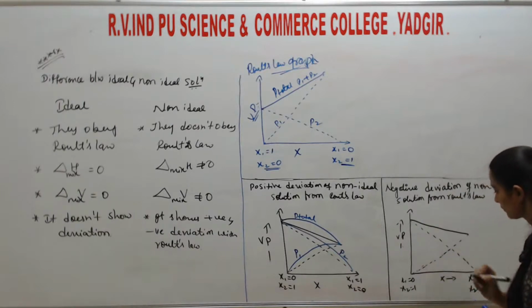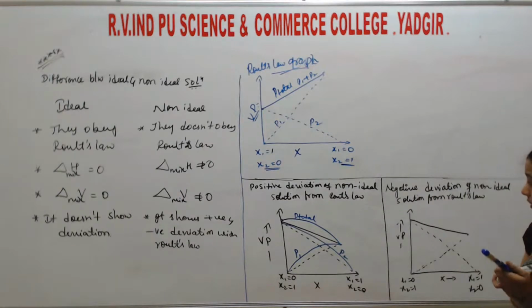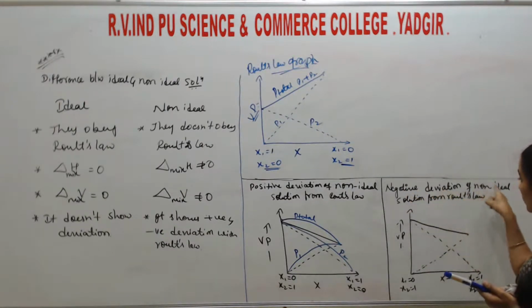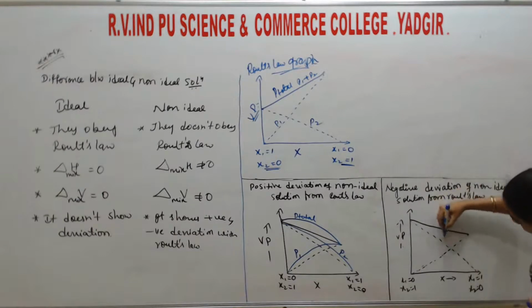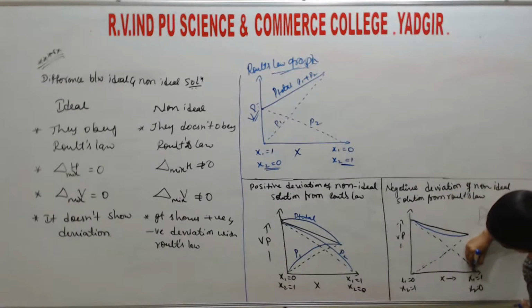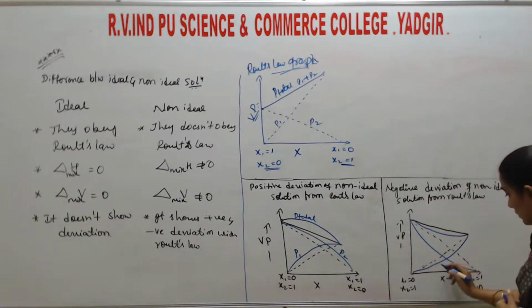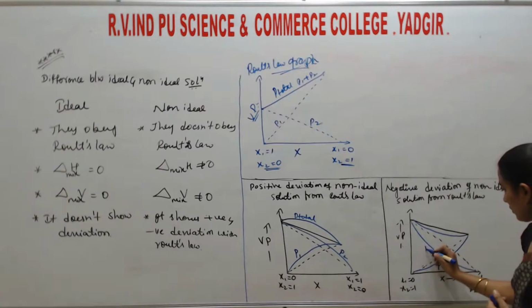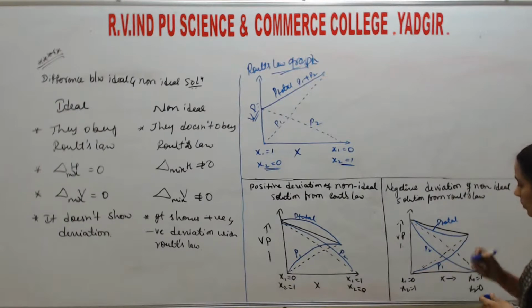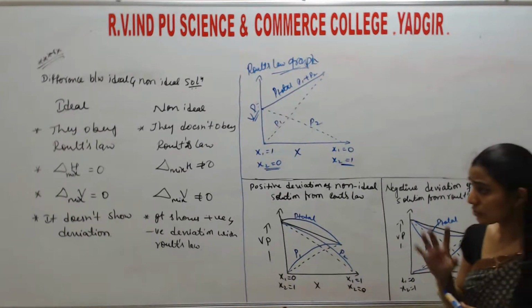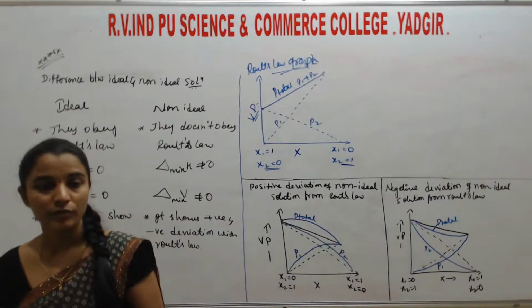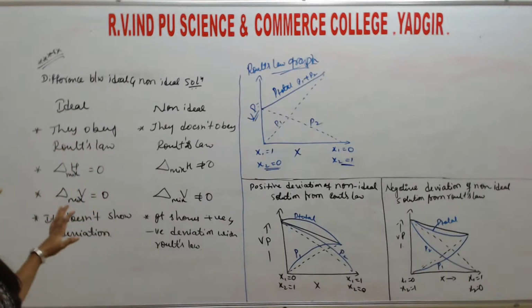Then we will get this graph for Raoult's law. Now we are writing the graph which shows negative deviation from Raoult's law. The graph follows the negative deviation here, here, and here. This is P1, this is P2, this one is P total, that is P1 plus P2. These are very important for 2 marks, students.